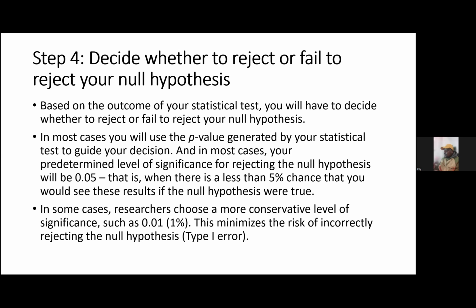In some cases, researchers choose a more conservative level of significance, such as 0.01, which is 1%. This minimizes the risk of incorrectly rejecting the null hypothesis, mostly type 1 error. I'm not sure Johnson is on the page, I would have tasked him to explain what type 1 error is.